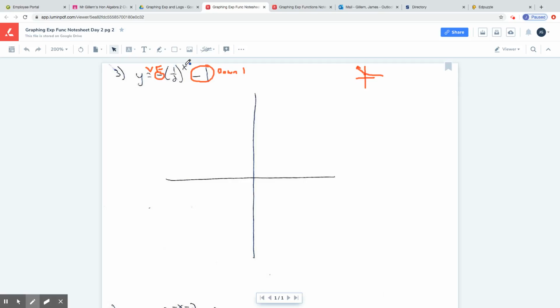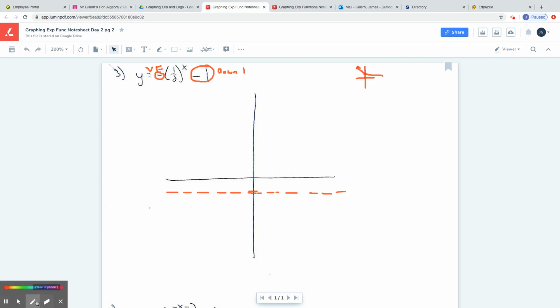There is no negative in front of the x, so there's no horizontal flip. There's no number up here, so there's no sliding right or left. Remember, with exponentials, whatever this is going to be our horizontal asymptote. So we have a horizontal asymptote at negative 1. We have a vertical flip, which means our graph is not going to be above the asymptote. It's going to be below.